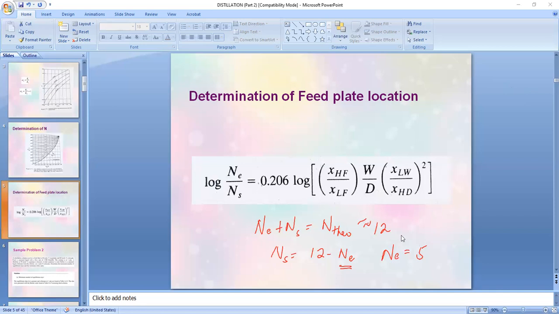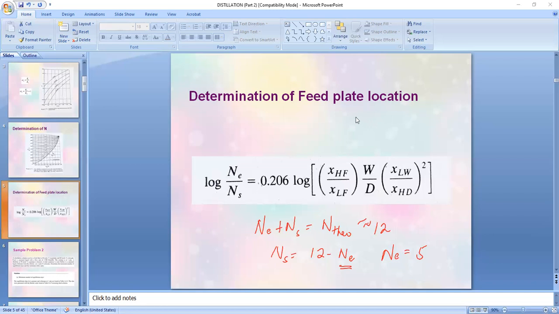This is already your enriching section number of stages. And I have already introduced to you the graphical way of determining the number of stages and the feed plate location. Even with just this one piece of information, you'll be able to answer the feed plate location. How will you answer it?